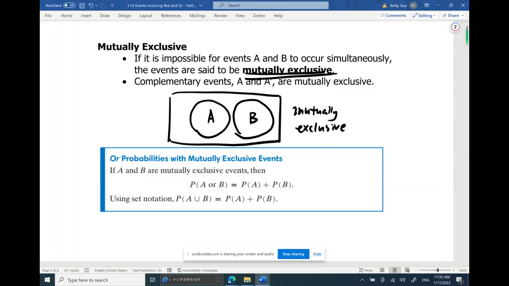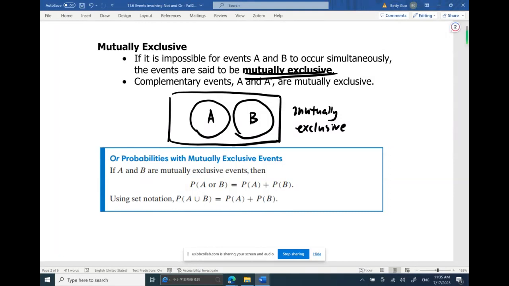If A occurred, then B cannot occur. If B occurred, then A cannot occur. Use the Venn diagram to demonstrate the relationship of A and B. You would see two sets that are disjoint.